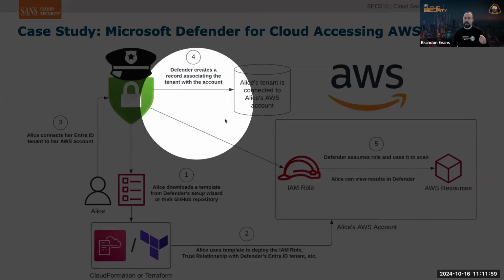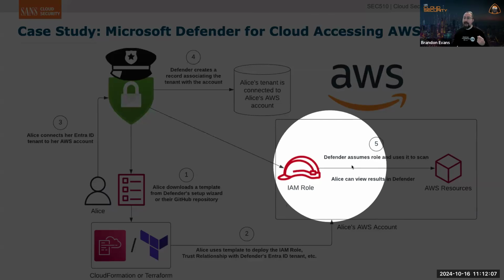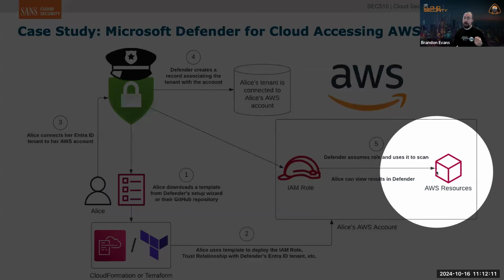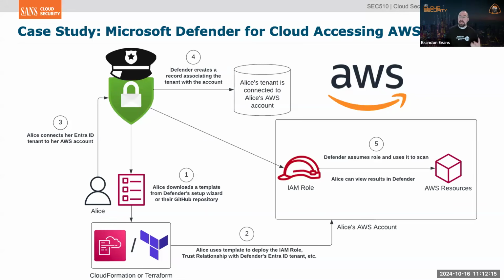And then periodically, Microsoft Defender for Cloud is going to use its trust relationship to assume an IAM role, get temporary credentials, and then use those temporary credentials to scan for Alice's resources and any vulnerabilities that might be in those resources, that might be enabled as a result of a bad configuration. So that's how this is supposed to work.